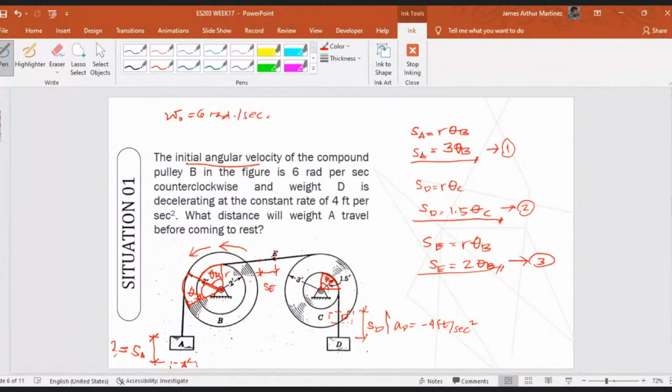And lastly, since this cord is connected to B and pulley C, if that point moves, it also affects pulley C, which means there is a direct relationship.